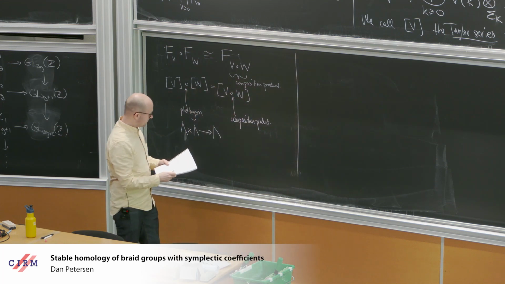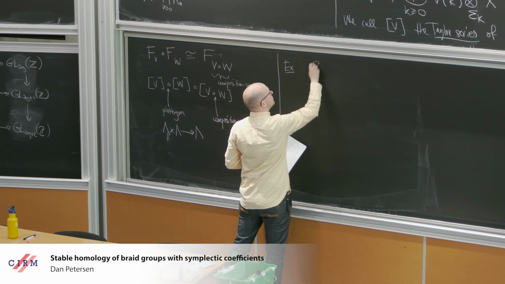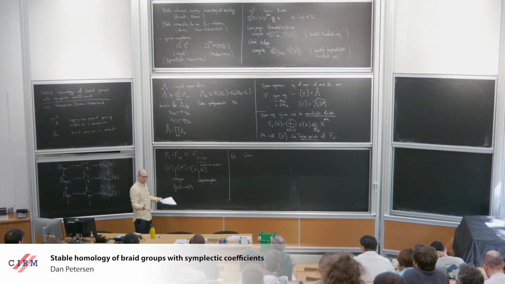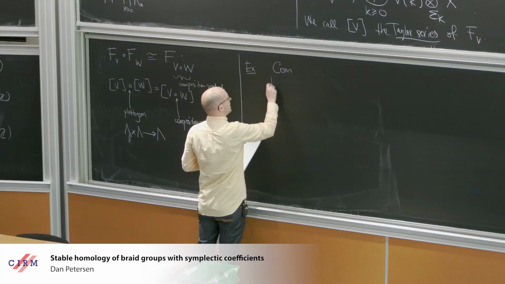So let's do an example. We consider the operad Com. It has an underlying symmetric sequence, which is just a trivial representation in each arity. It has an associated analytic functor.